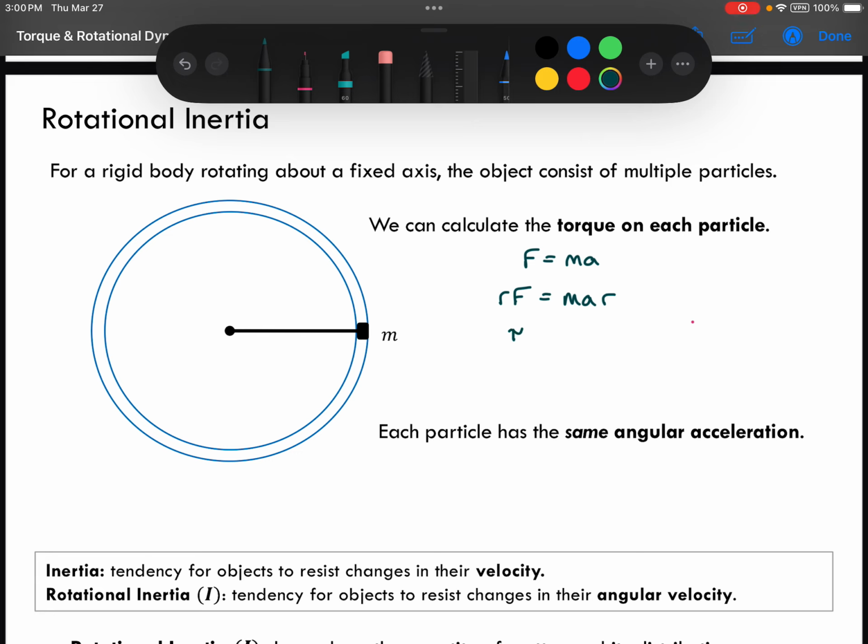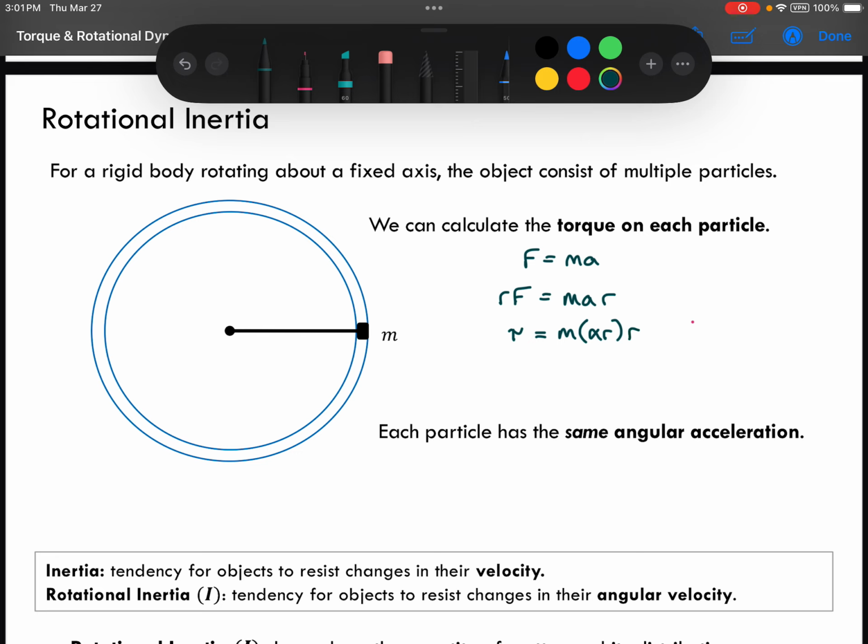So now the left-hand side is the torque, R times F is the torque. And over here, remember our definition, the linear or tangential acceleration is related to the angular acceleration by that factor of R. So our angular acceleration times R is the same thing as the linear acceleration.